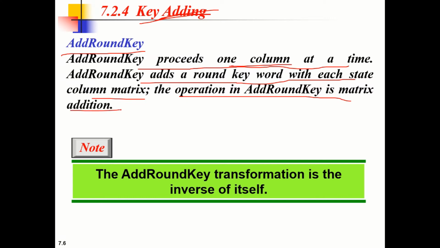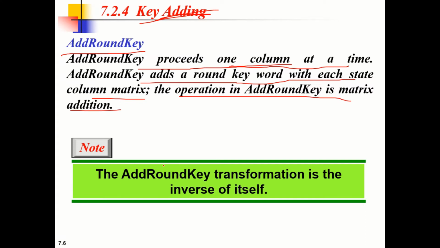In mixing, that operation was multiplication, but in add round key the operation will be addition. We'll have a matrix and will be adding that matrix to each and every column of the state, and as a result we'll get a new column, which will be the resultant state.